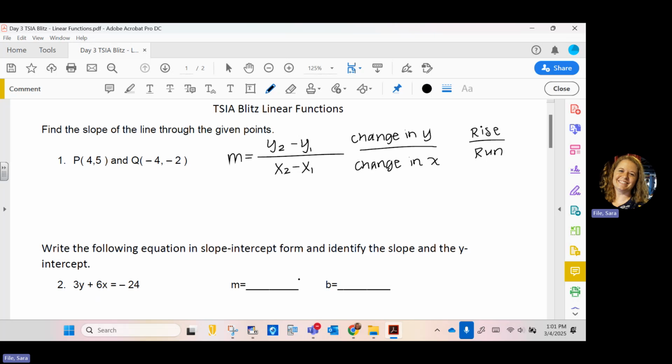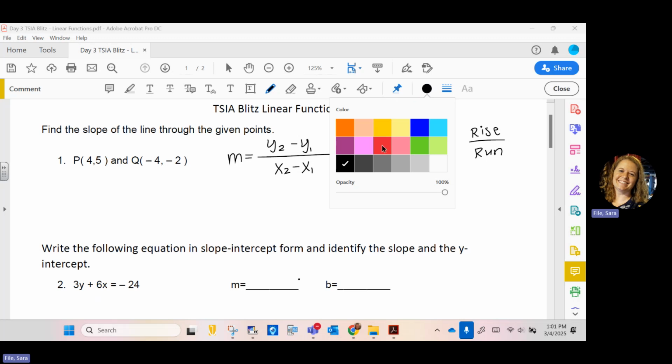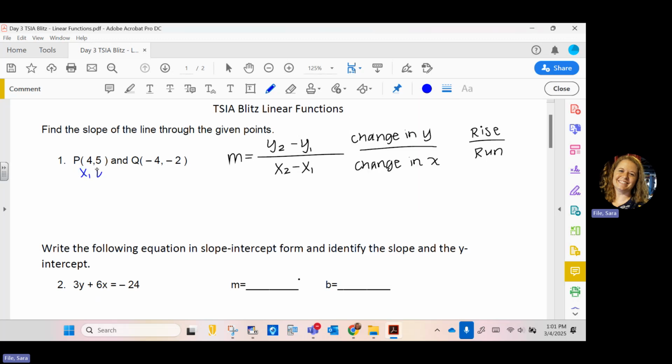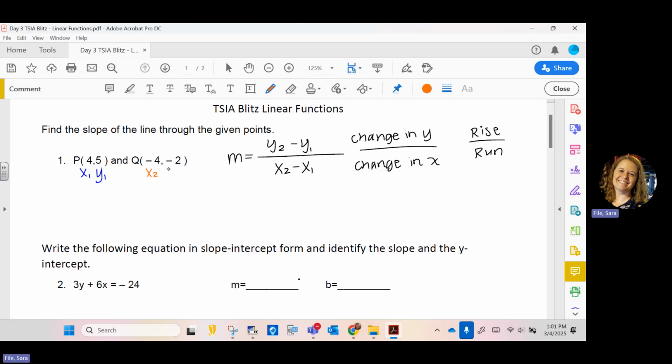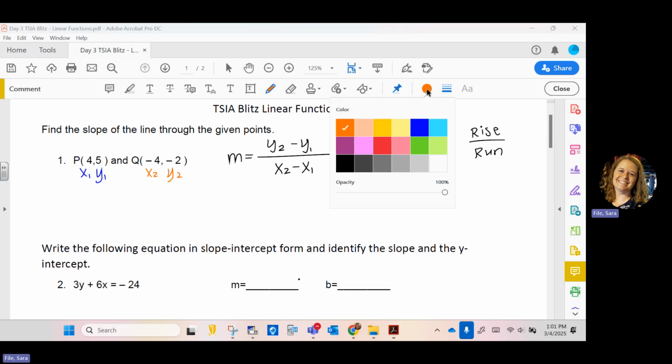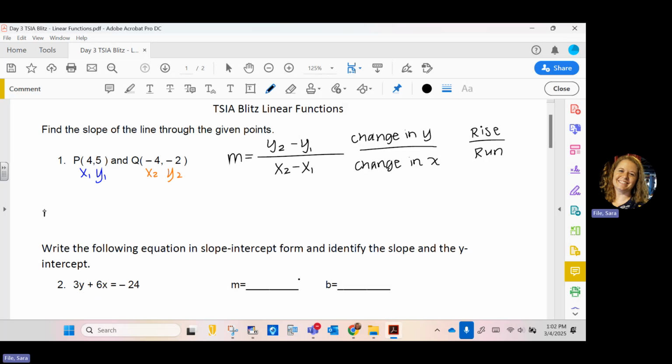Okay, so what I'm going to do for this problem is I'm going to label my first point as x1, y1, and my second point as x2, y2. And then I'm going to plug that in to my formula. Okay, it's the change in y over the change in x.